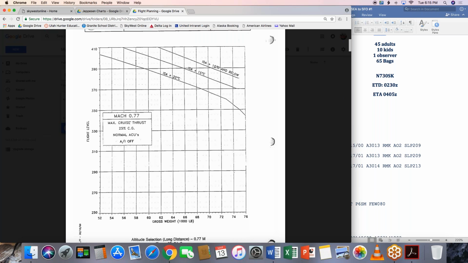Now that we have our altitude, I'm going to clean that up a little bit. We're just going to start filling in all the gaps here. We're going to do a simplified fuel, and a couple others. We'll get to that point.